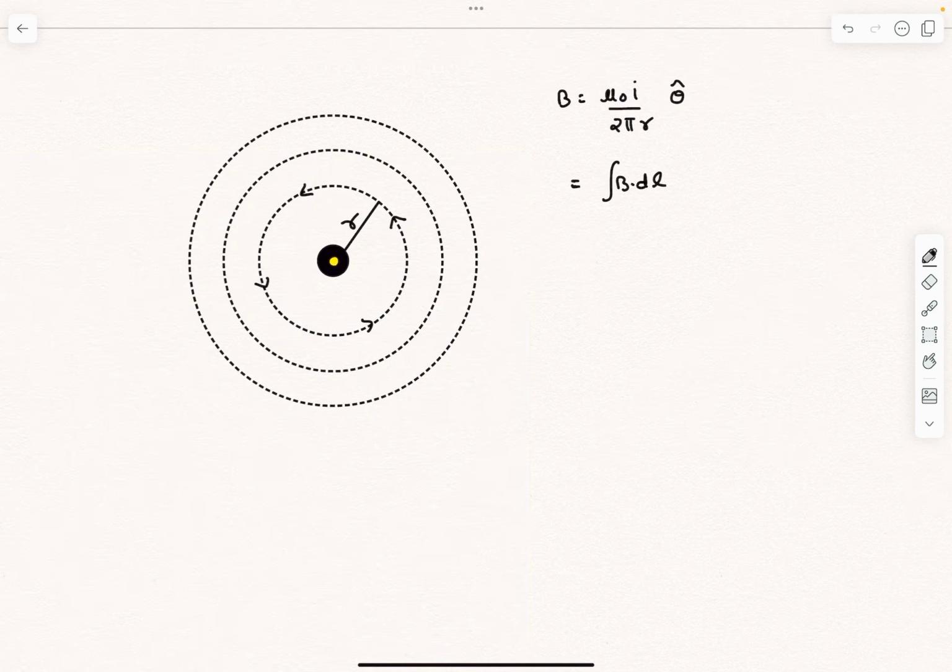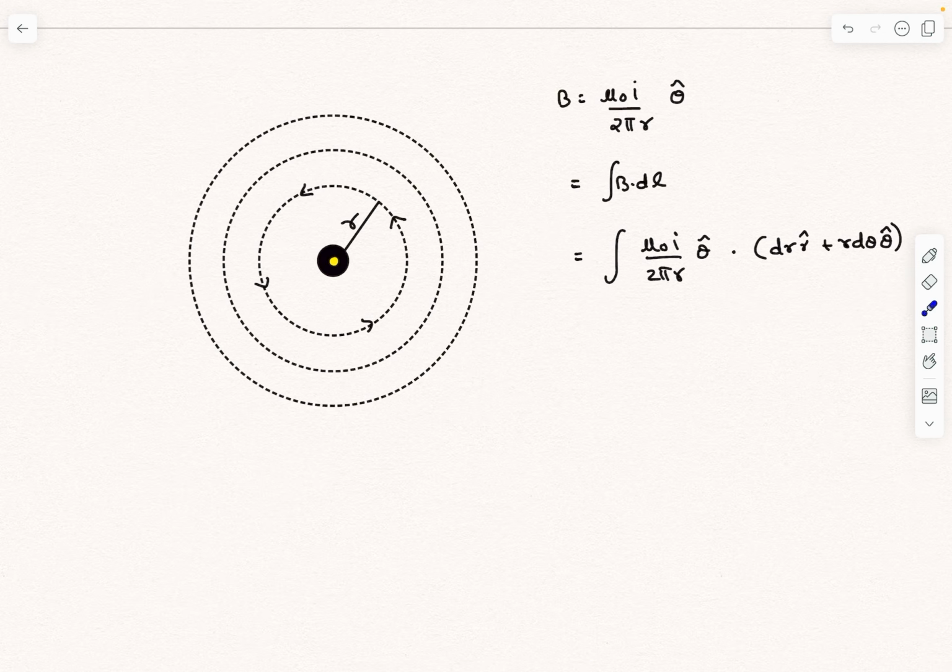So now as we know the line element, we can just perform the integral of B dot dl. So B is mu naught I by 2 pi r in the theta cap direction, dotted with dr r cap plus r d theta theta cap. So this is the advantage of using polar coordinate system. Because the magnetic field is in the theta cap direction, once we dot theta cap with r cap, that will just give 0 because these two are orthogonal. And once we dot theta cap with theta cap, that will be just cos 0, right?